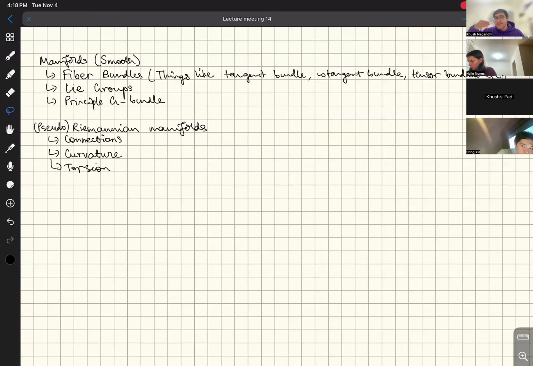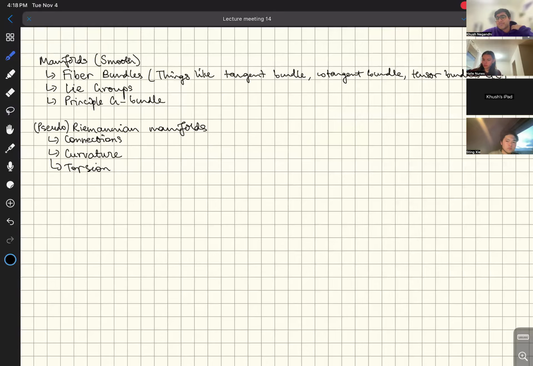I will introduce the idea of torsion, but I'll see whether we want to go in depth on the theory of torsion. So okay, we have curvature, torsion. I think that's it for the Riemannian section.